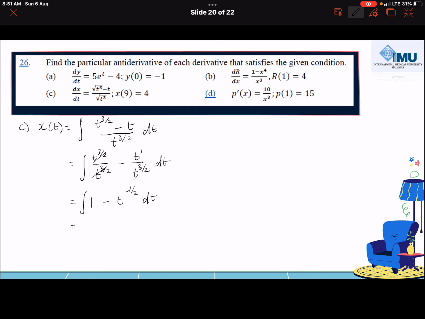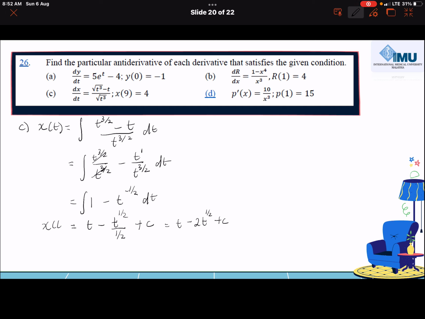Now you perform the integration. Integrating 1 will give you t. Integrating t to the power of negative half becomes t to the power of positive half divided by positive half. Don't forget to put plus c at the end. So your answer will be t minus 2t to the half plus c.